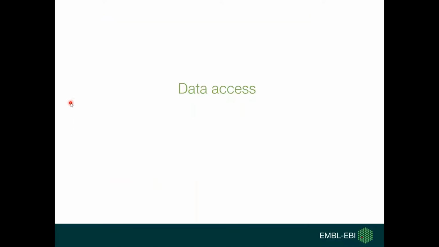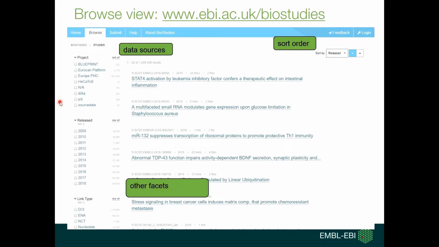Okay, so I think that's enough motivation for BioStudies. So let's look at how to access data in BioStudies. If you go to EBI/BioStudies and then click on Browse, you will see that currently we have 1.2 million data sets in the database.